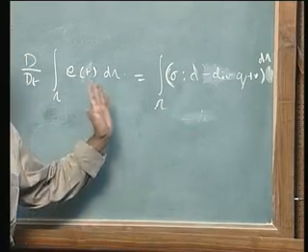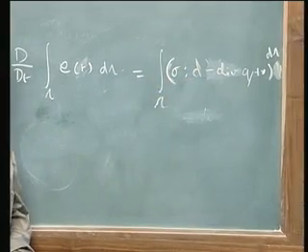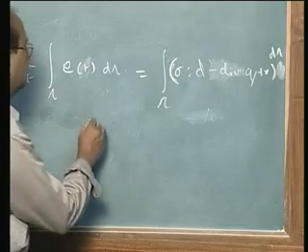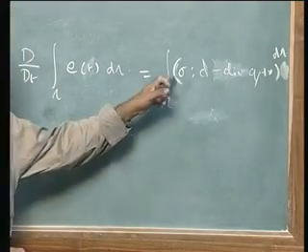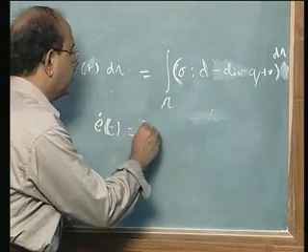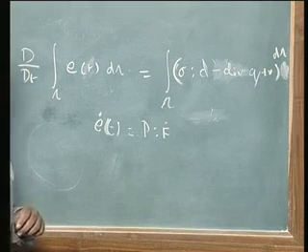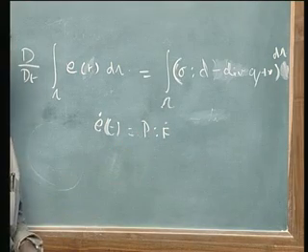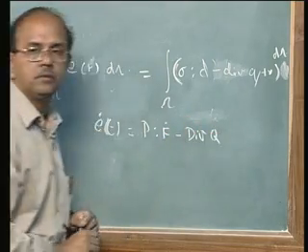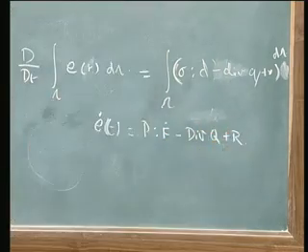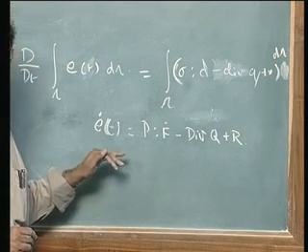If I want to write it in terms of the reference configuration, it's much simpler. The material time derivative of E is equal to, instead of sigma and d, it will be, if you remember, we had done that, P double dot F dot, minus divergence of q plus r.